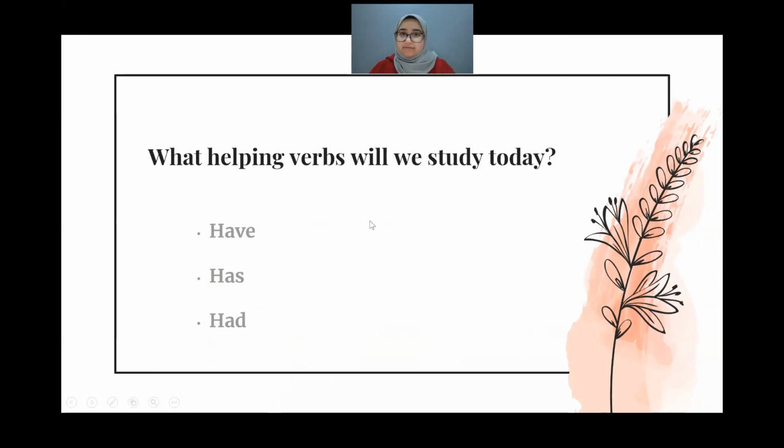What are the helping verbs that we will be focusing on today? Number 1, have. Number 2, has. And number 3, had. As you know, the English language is a very big language and it has a lot of helping verbs. But in our lesson today, we're only going to focus on these 3. Okay?